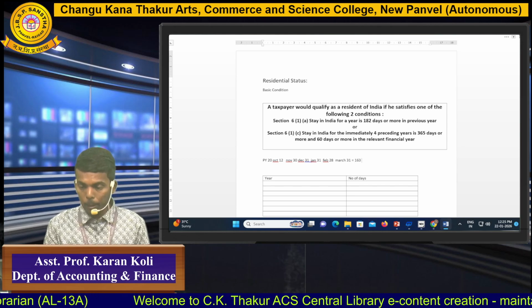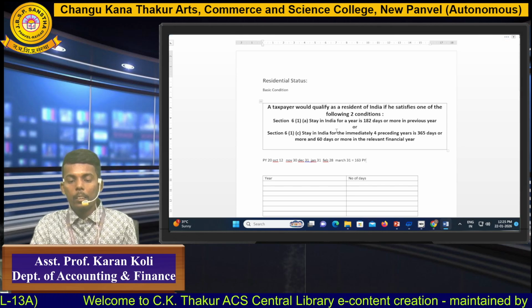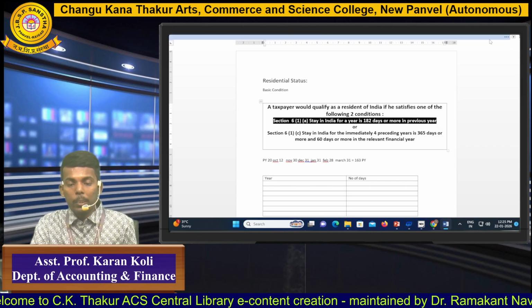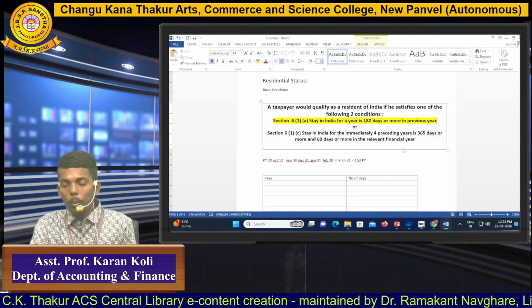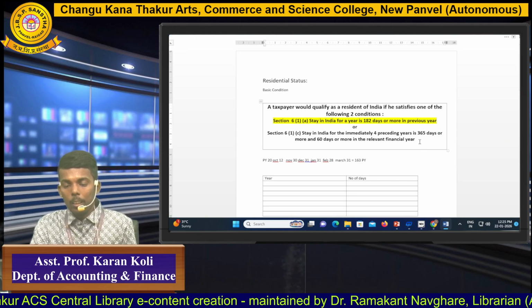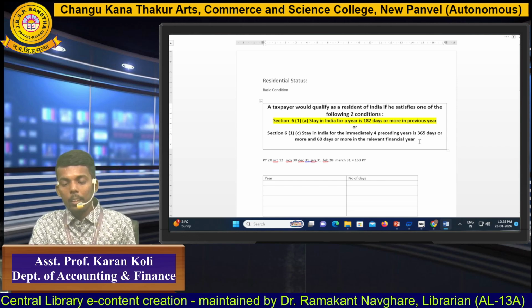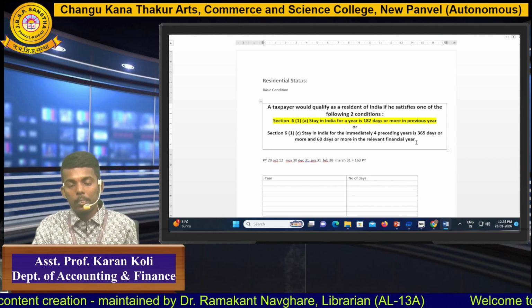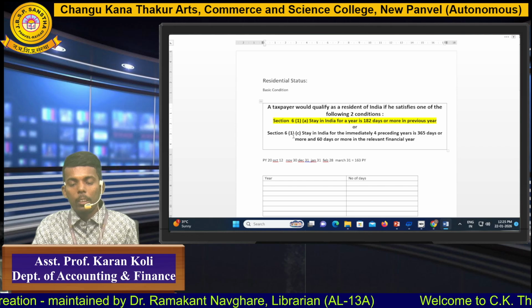So Mr. Raja does not satisfy the first basic condition. Therefore, we also determine residential status with the help of the second basic condition. What is the second basic condition?